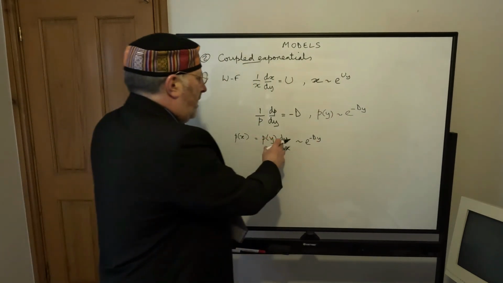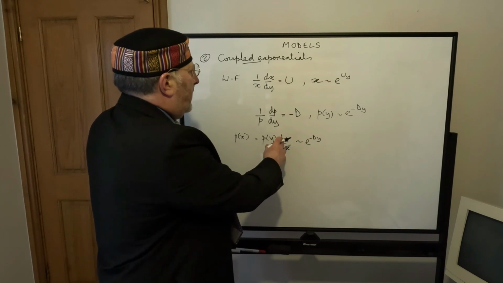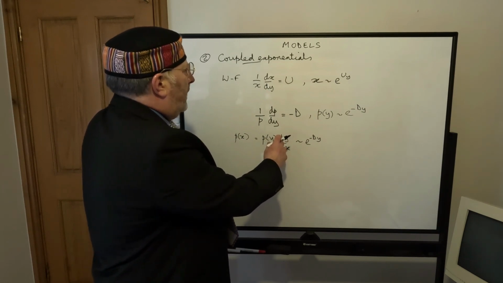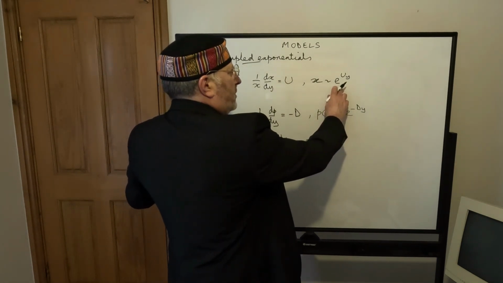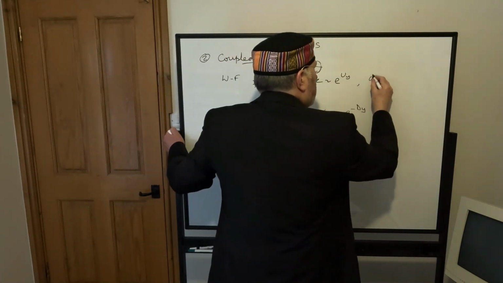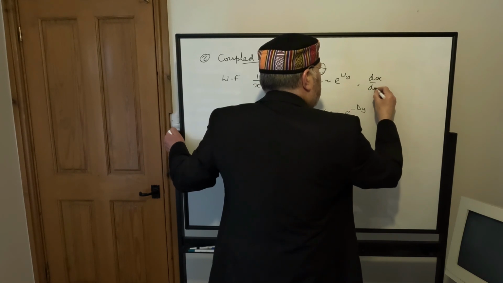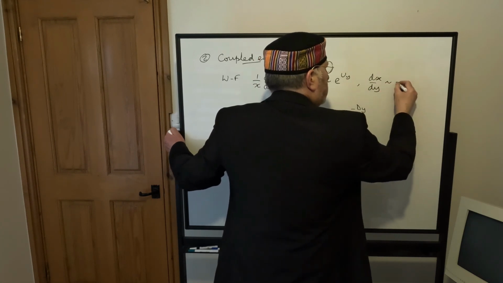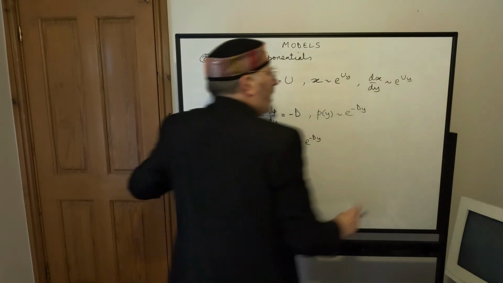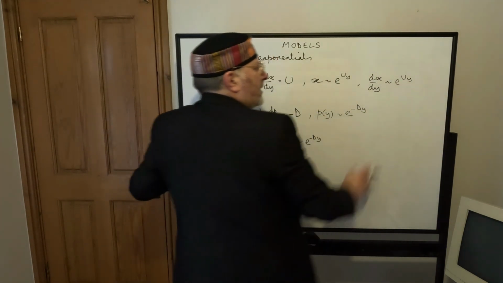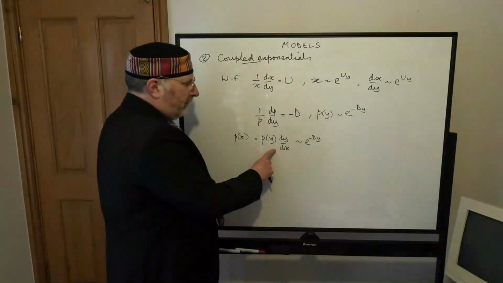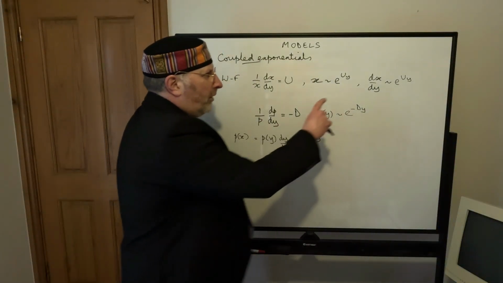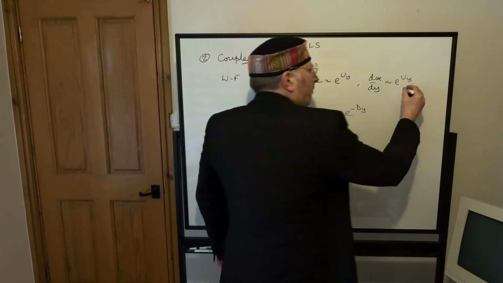And what about this dy by dx? Well, we have x is proportional to e to the uy, so dx by dy is proportional to e to the uy, because when we differentiate an exponential we get the same thing, but we wanted dy by dx, so we need to invert this.